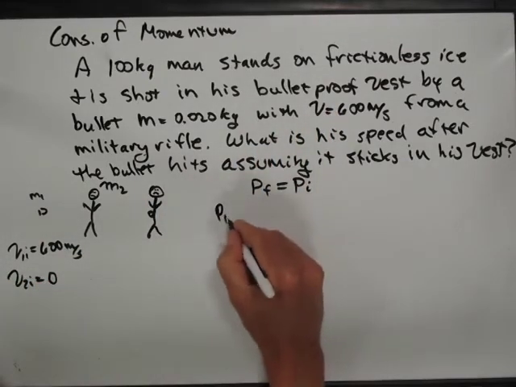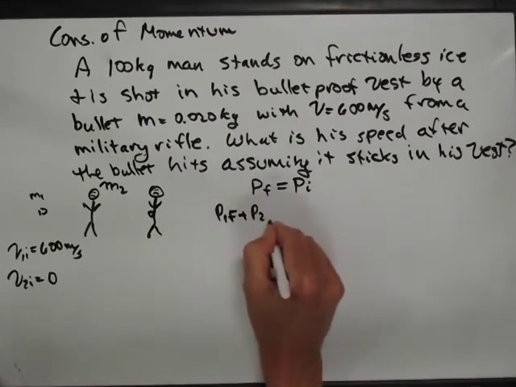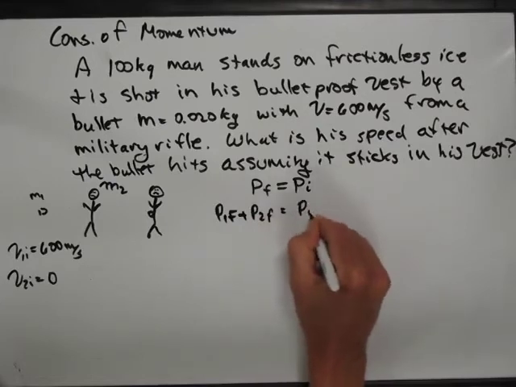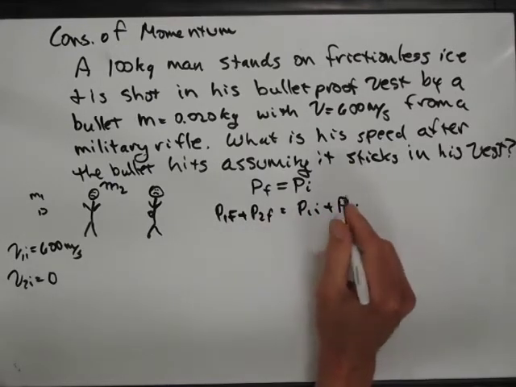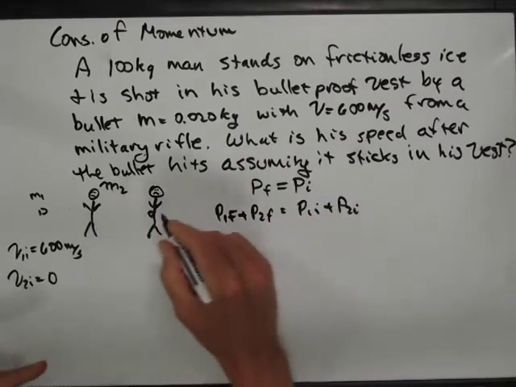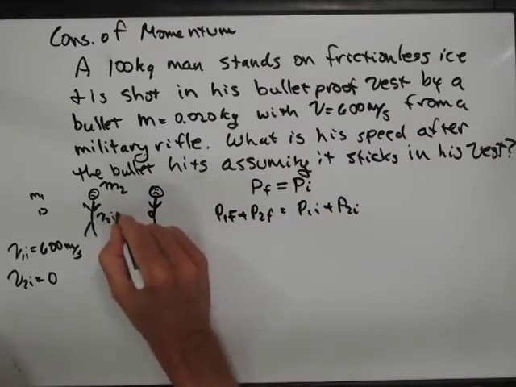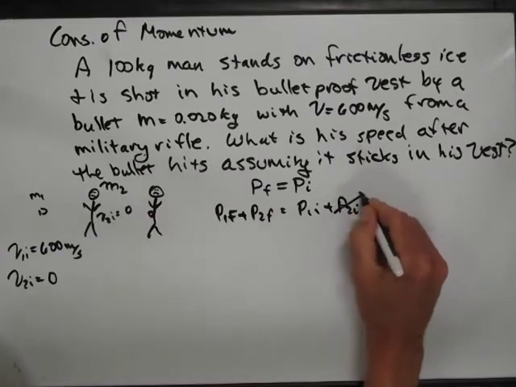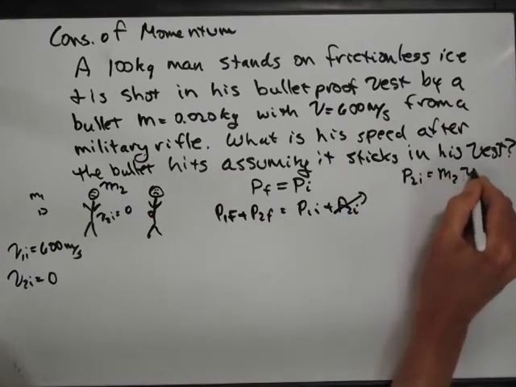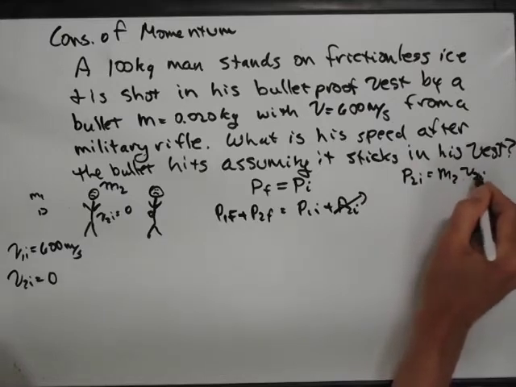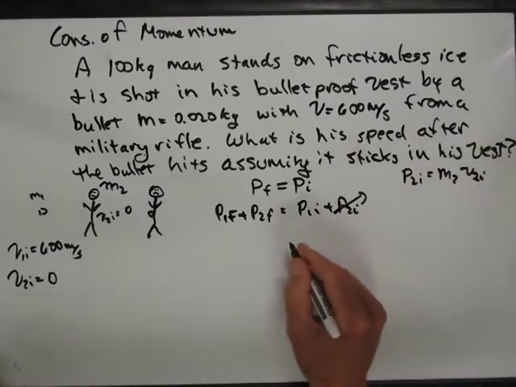And so P1 final plus P2 final is equal to P1 initial plus P2 initial. His initial momentum is zero, so I can just drop that term, because P2 initial is equal to M2 V2 initial, and since V2 initial is 0, the product is 0.